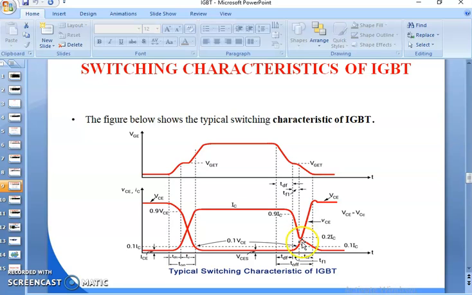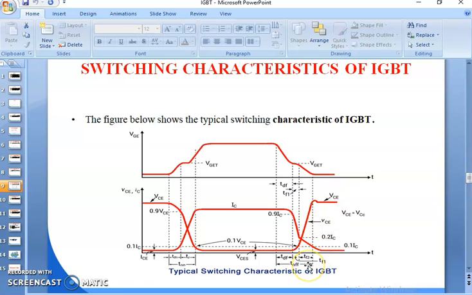It is the time taken to fall the collector current from 0.9 IC to 0.1 IC, known as your falling time. After this point, the collector current value will again be 0, and the collector emitter voltage will again reach its maximum value.